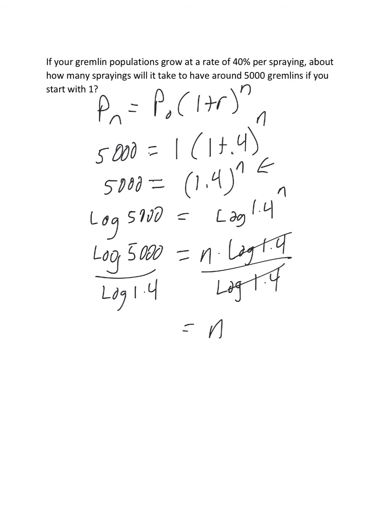And on your calculator, you just type in log 5,000, close your parentheses, divided by log 1.4, close parentheses, and you find out you're looking at 25.3 and a bunch of other stuff, but roughly 25.3 sprayings.